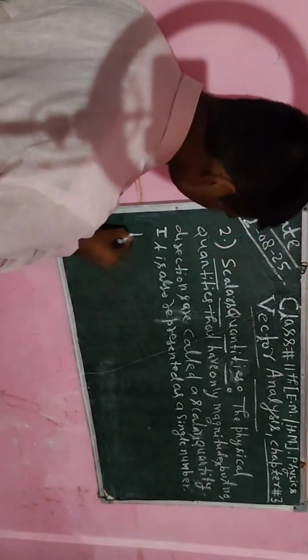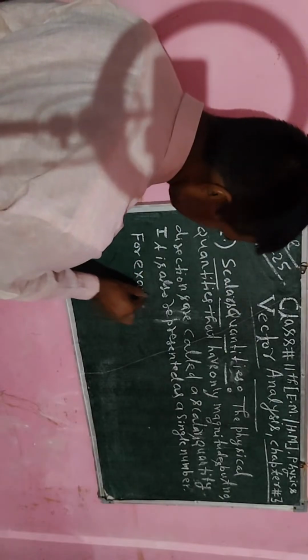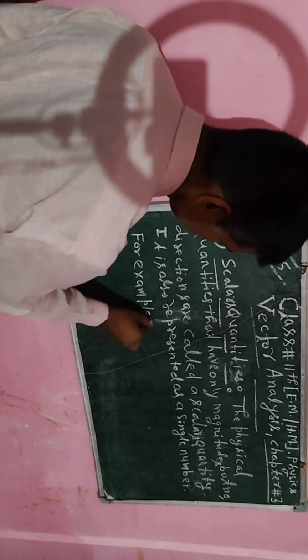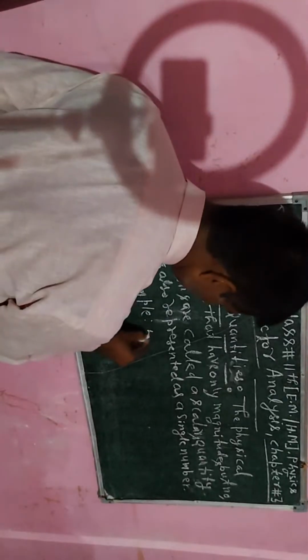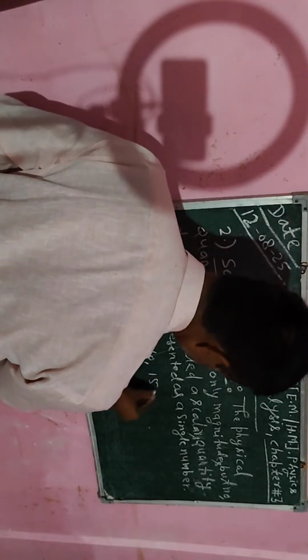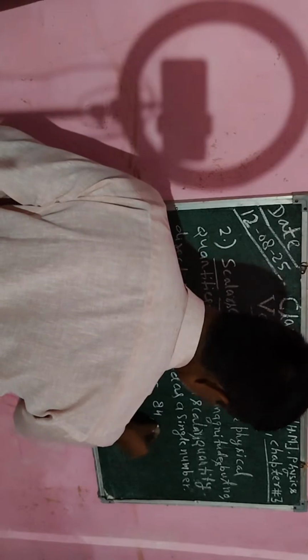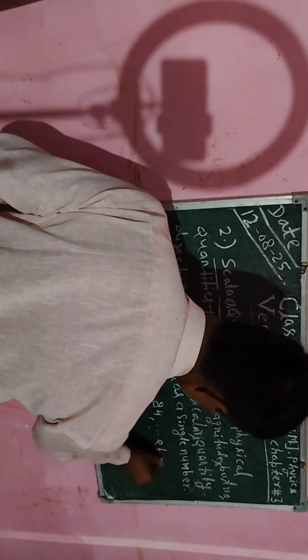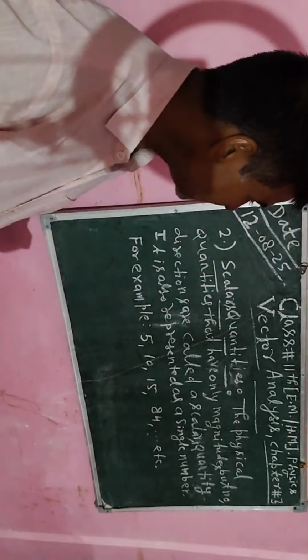For example, a single number I can say is 5, 10, 15, 84, etc. So I will say scalar quantity.